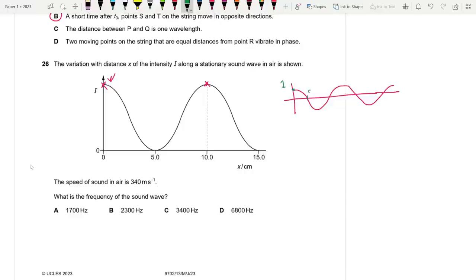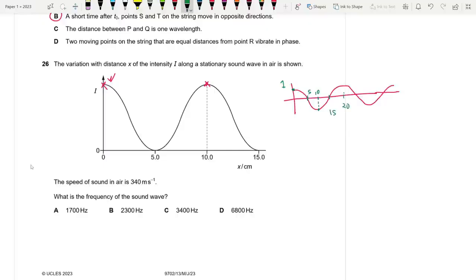Then at 5 centimeters it's 0 again. Sorry, at 10 centimeters it has maximum amplitude but in the opposite direction, but it's still maximum intensity, right? This is at 10. And then over here at 15, 0 again.